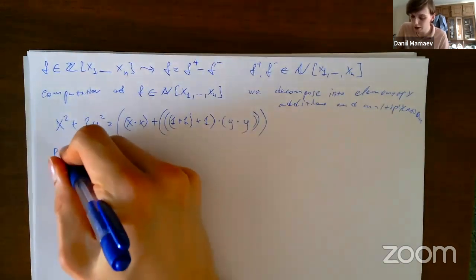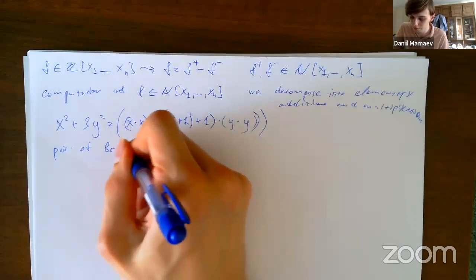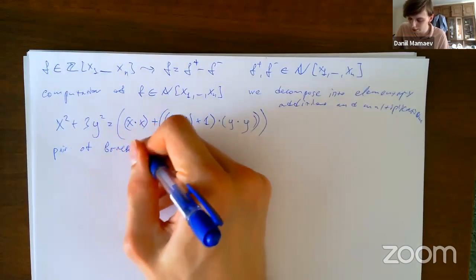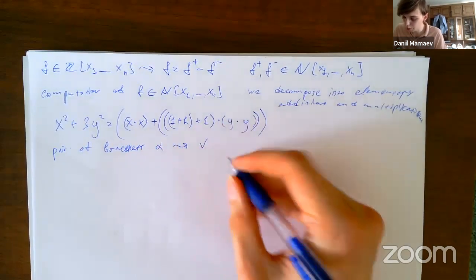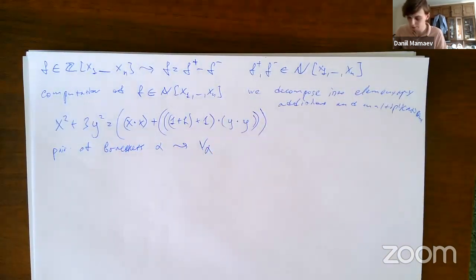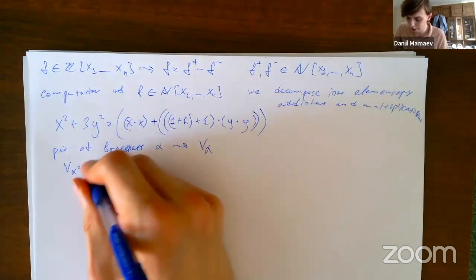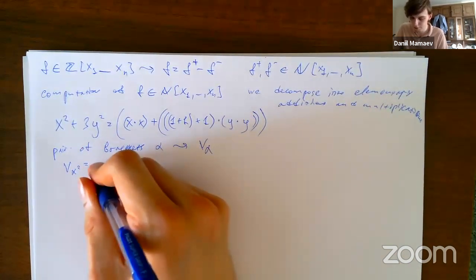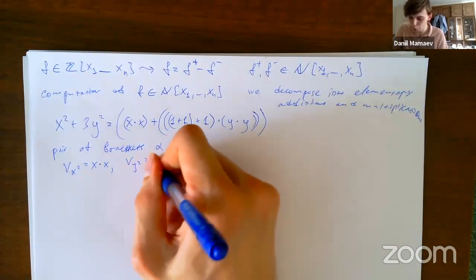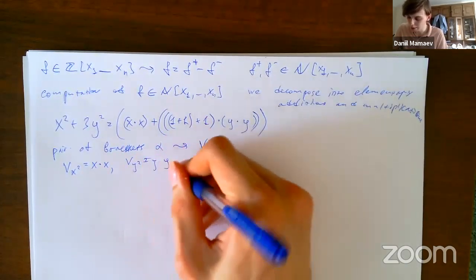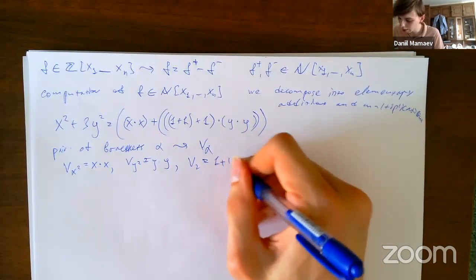And for any pair of brackets, we introduce a new variable. So Vx squared is just x cross x. Vy squared is y cross y. V2 is 1 plus 1.